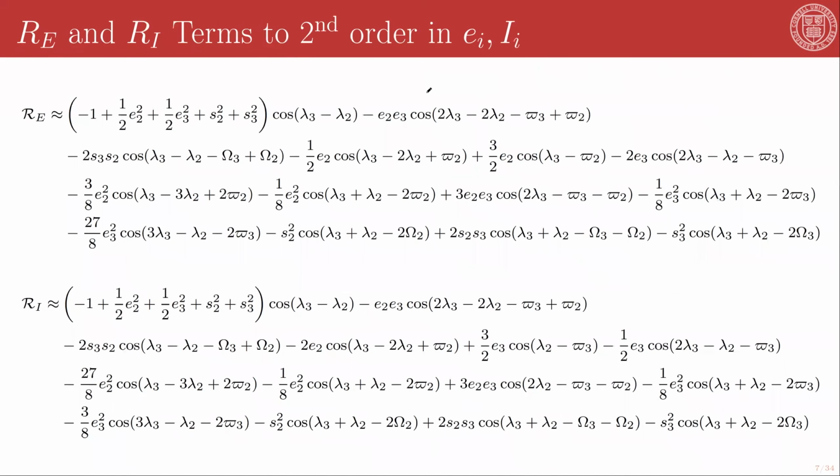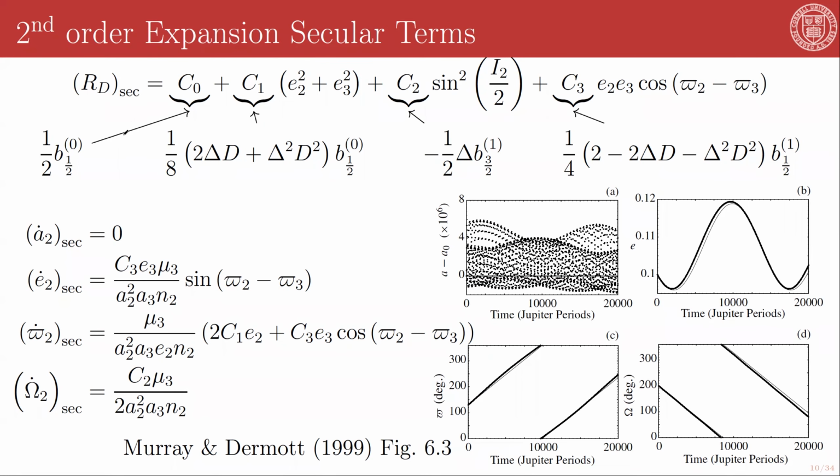We can see that by inspection, by noting that there is nothing that we can do to eliminate the lambdas from these cosine arguments. And therefore, there can be no secular contribution from the external perturbation part. Secular contributions, in this case, can only come from the direct part of the disturbing function. And so our full disturbing function, our full perturbing potential in this case, will just be mu3 divided by A3 times this Rd secular expression here.